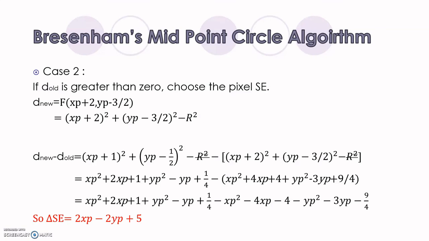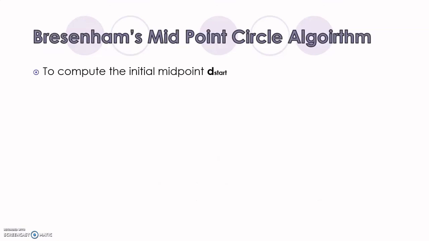Now we have one thing left: we have to find the D start value. To compute the initial midpoint D start, we can say that the starting pixel lies at 0, r, that is 0, radius, because the circle is centered at the origin.